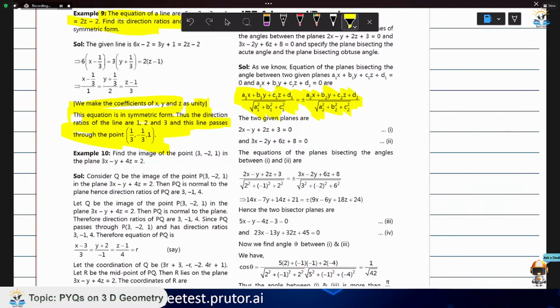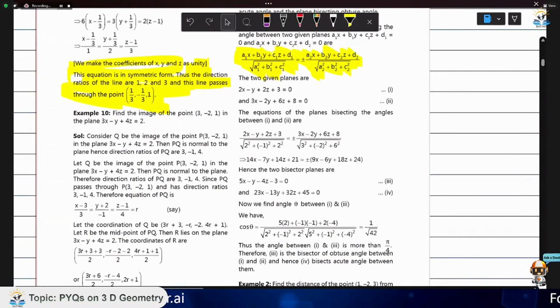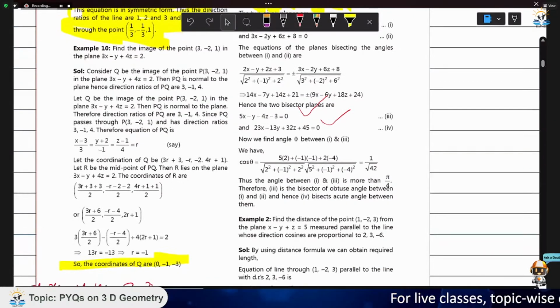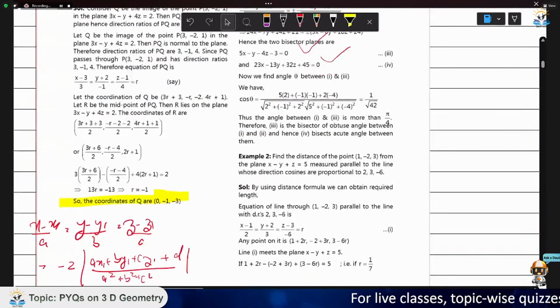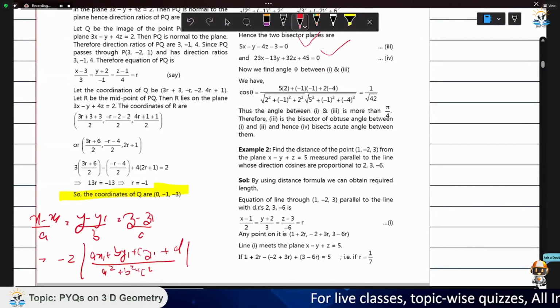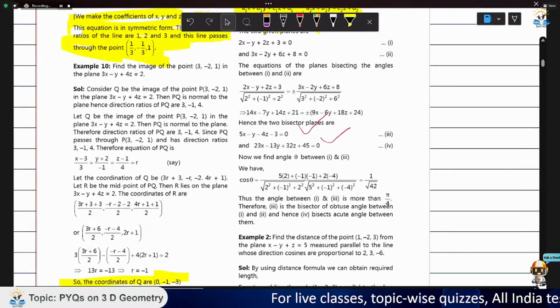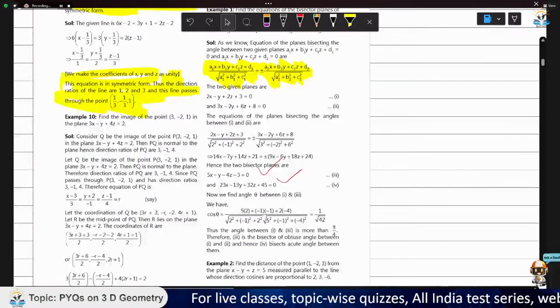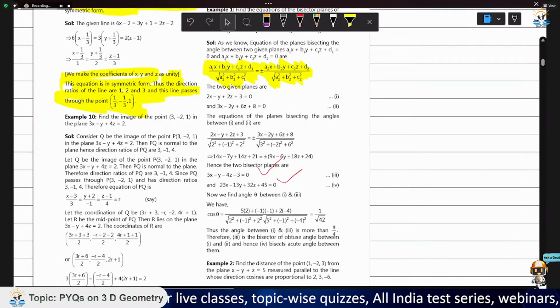So again, these are the two formulas that we have. And the equations of the plane we get from this. And now we have to find the angle theta between them, right? So we calculate the theta, and then you can see which is the acute and which is the obtuse. I'll give you a minute to read it. So just read it through. It's a very self-explanatory question and a direct application of the formula that you might have studied earlier.